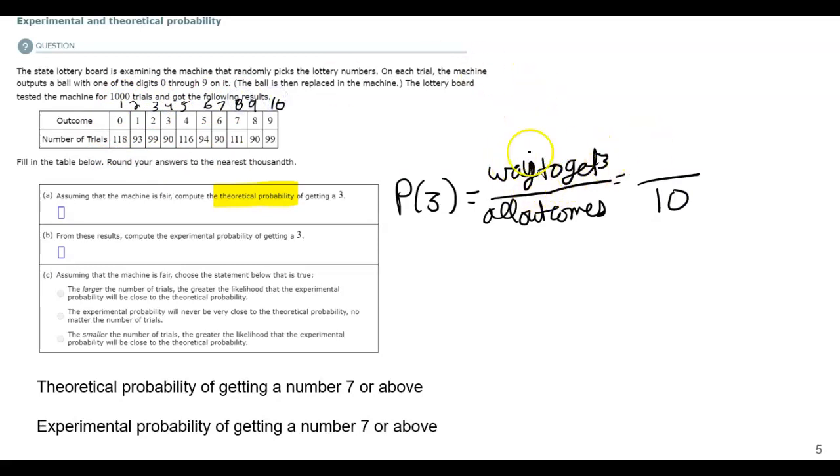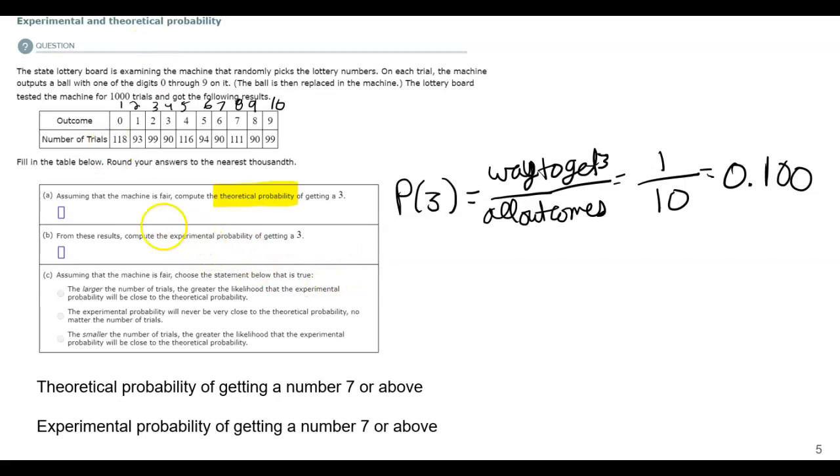And then ways to get a 3, there's only one of them. So it'd be 1/10 or 0.1. Oh, it says round your answer to the nearest thousandths. So this is tenths, hundredths, thousandths.